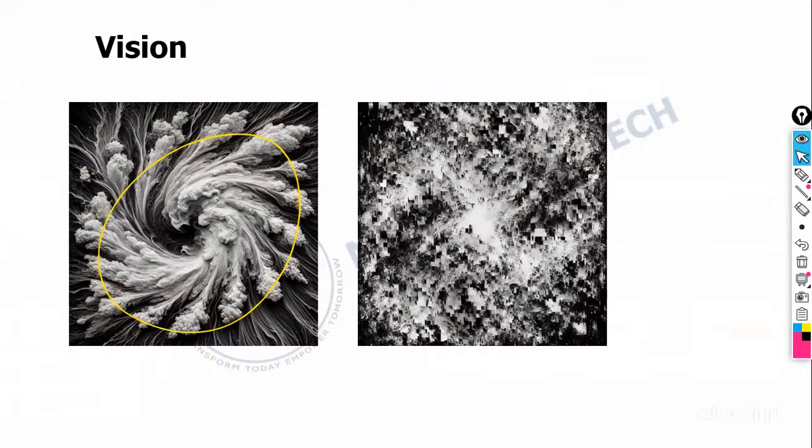So in computer vision, we have vision. What exactly do you mean by vision? The term vision refers to the ability of a machine to interpret and understand visual data. Whatever data it visualizes from the real world should be understood and interpreted by a machine, not by a human.